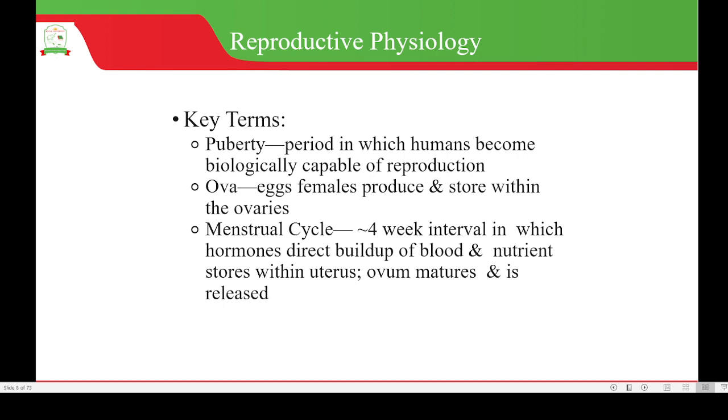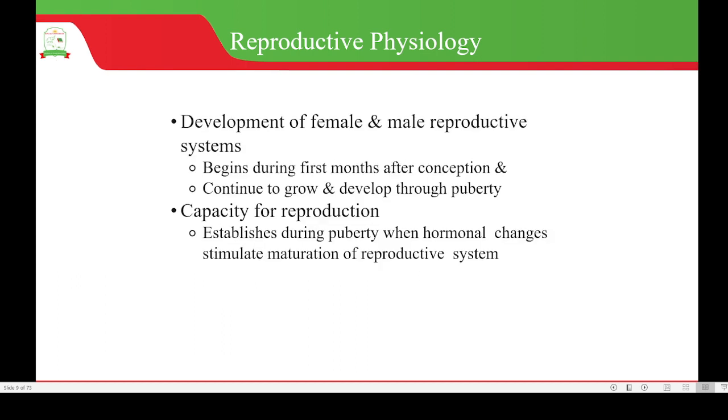The menstrual cycle is basically a 4-week interval in which hormones direct the buildup of blood and nutrient stores within the uterus. During this time, the ova matures and then is released. So failure of this ova to be fertilized will cause the built-up blood and nutrients to break down. And this is evidenced in the monthly flow in women.